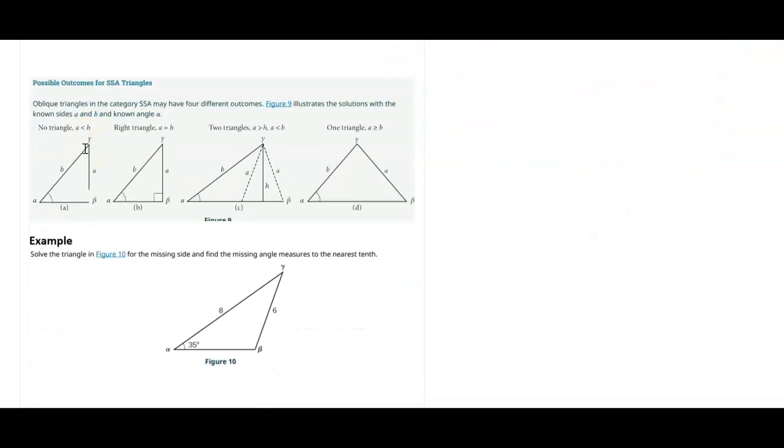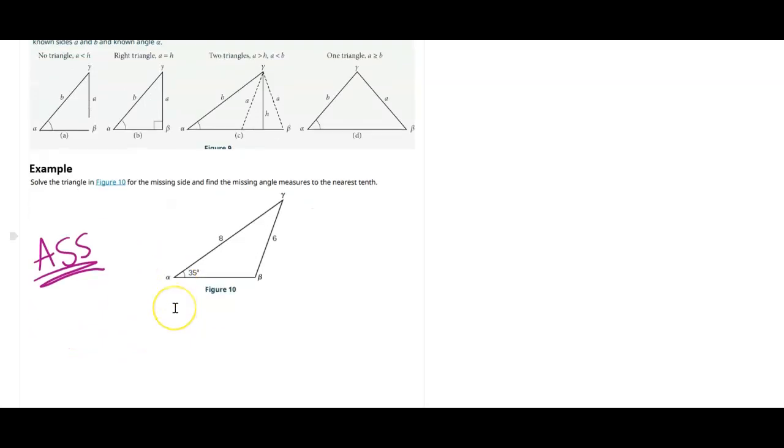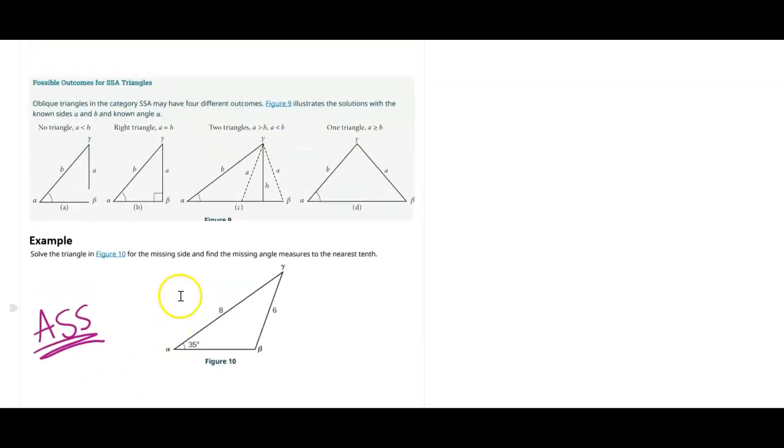There is a tricky part of this though, when you have two sides and an angle, or I like to write it as angle side side. These ones are a pain for sure, because there are some different possibilities.